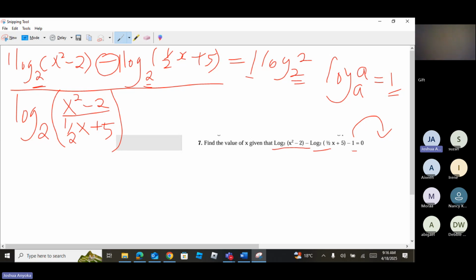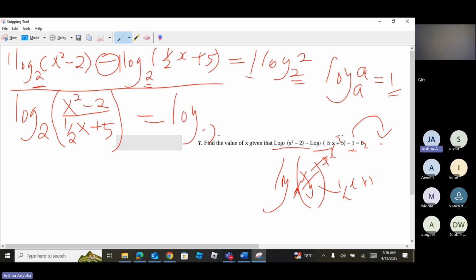Because of the negative, it means the numbers were divided using law number 2, which says log of x over y. So now our x is x squared minus 2, and our y is half x plus 5. So we divide, equals log base 2 of 2.